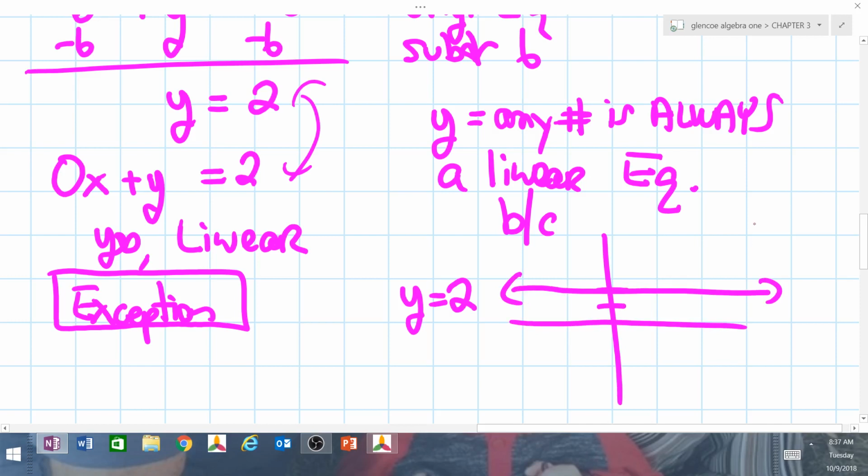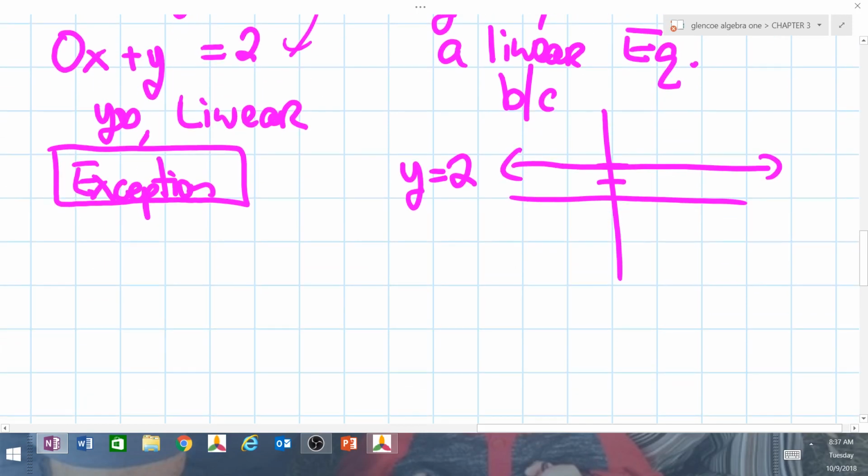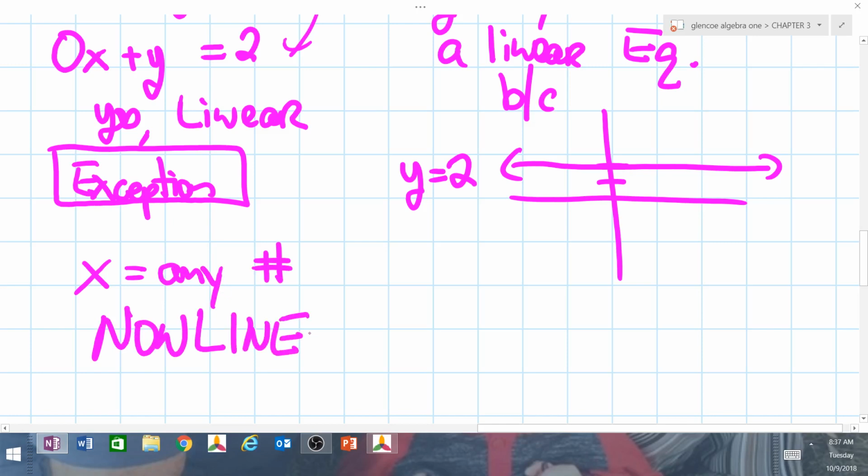And that is a line because if you were to move your pencil along that line, it only hits once. The exception to the rule is if the equation is ever in this form, x equals any number, it is always non-linear.